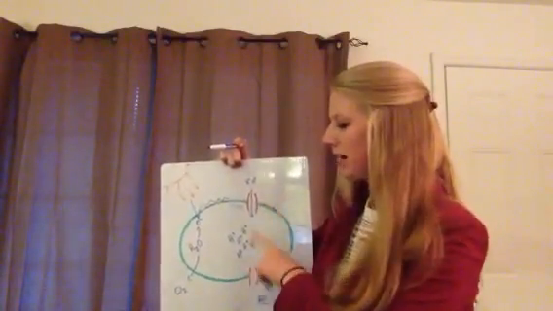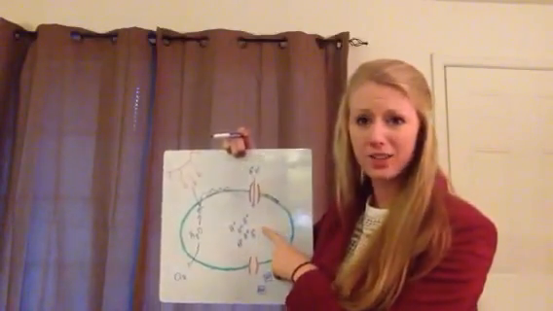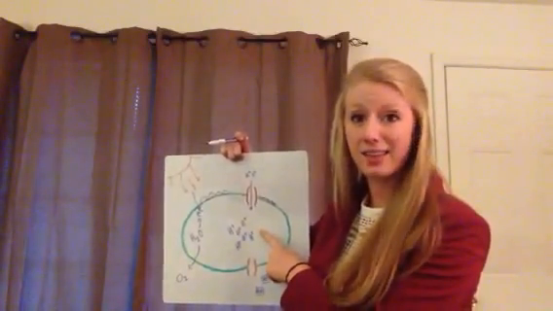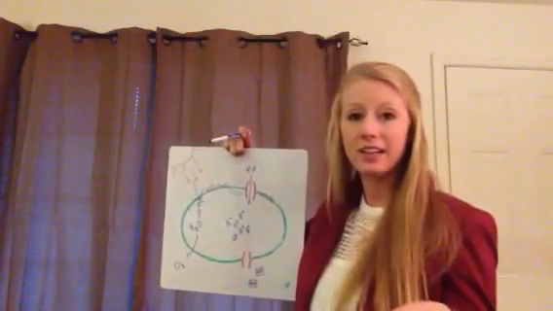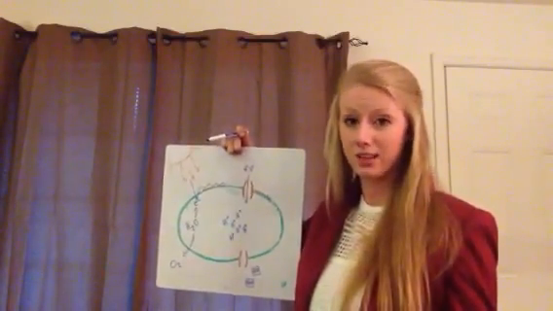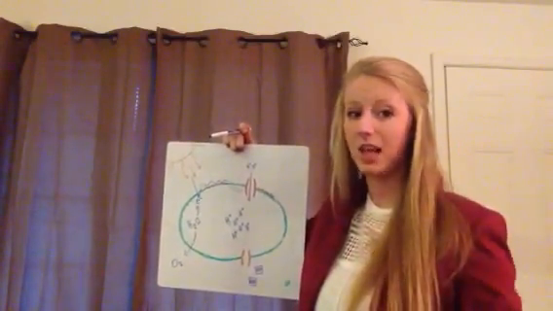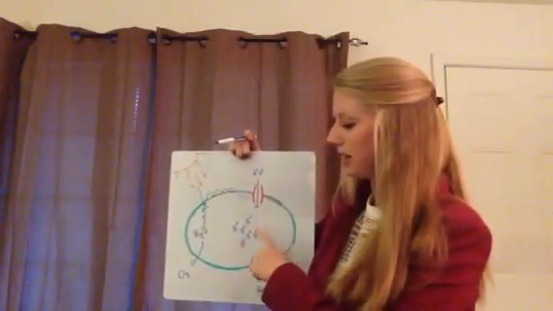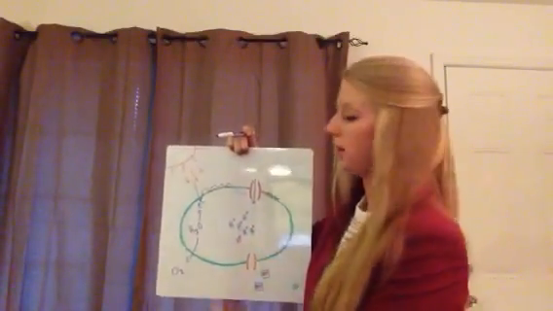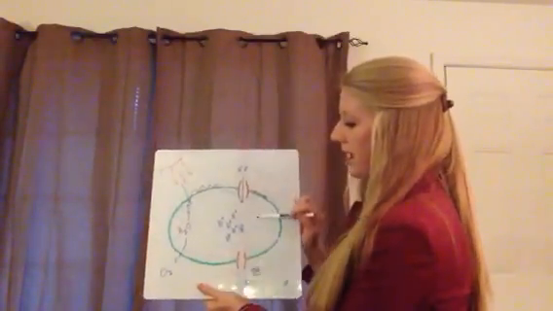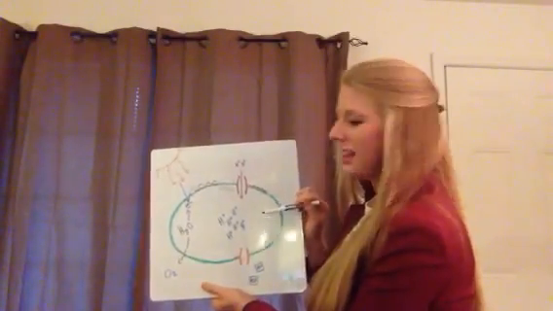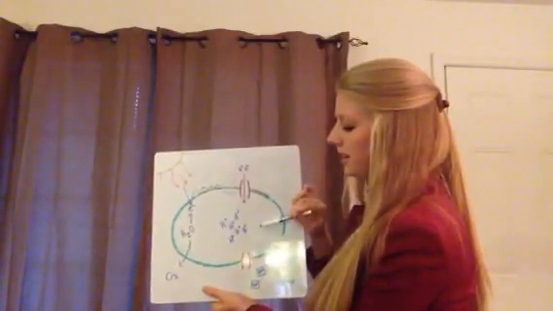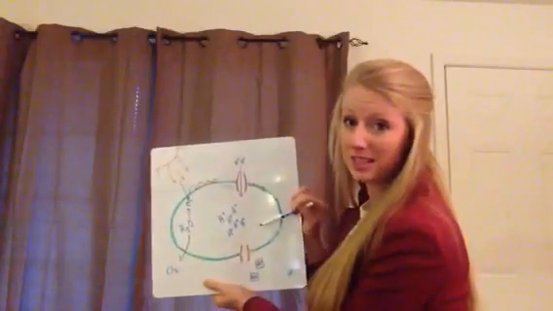Alright, so now we've got our high concentration of protons inside the cell, and that's giving us a very positive concentration inside our cell. We've got a lot of these hydrogen ions, right? So what that means when we have this high positive charge is that these protons want to release some of this energy.